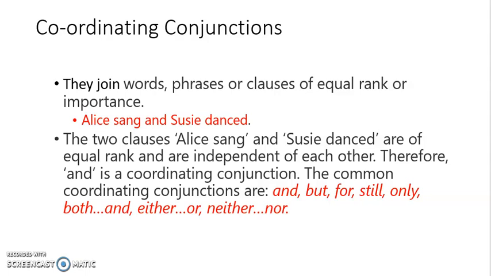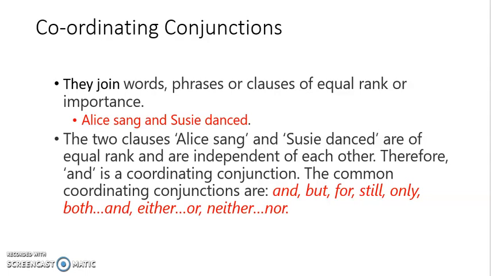So what do you mean by equal rank or importance? Where no one is dependent on the other. If you want to simplify it, you can say that they are used to connect independent clauses or independent words.